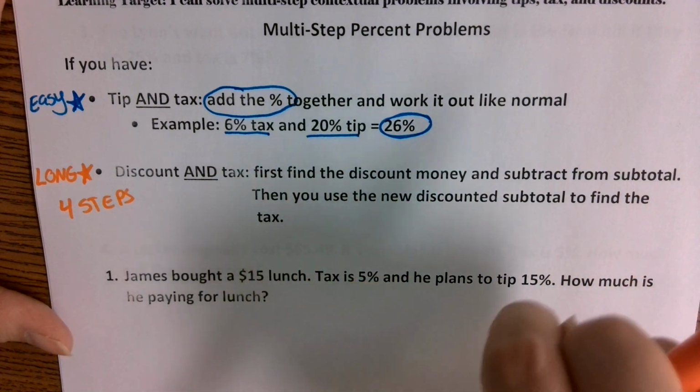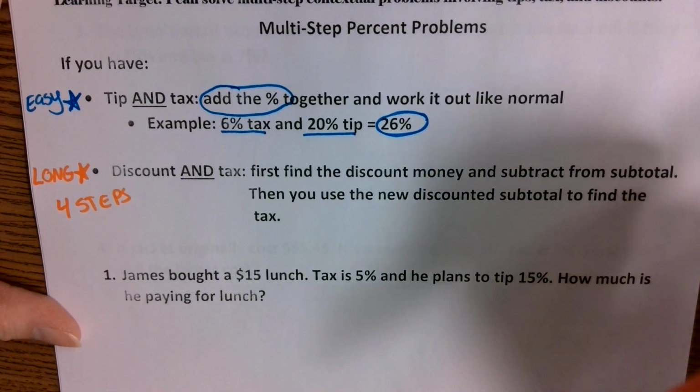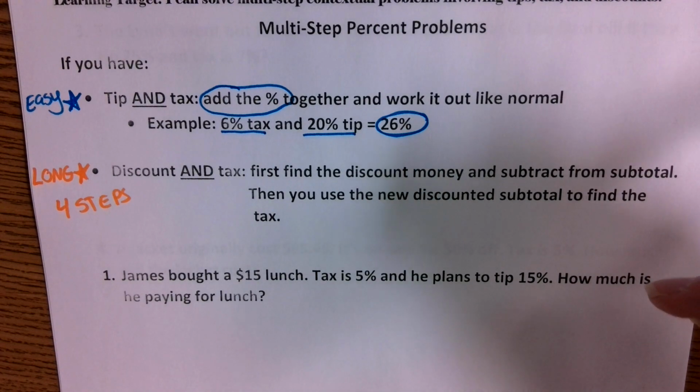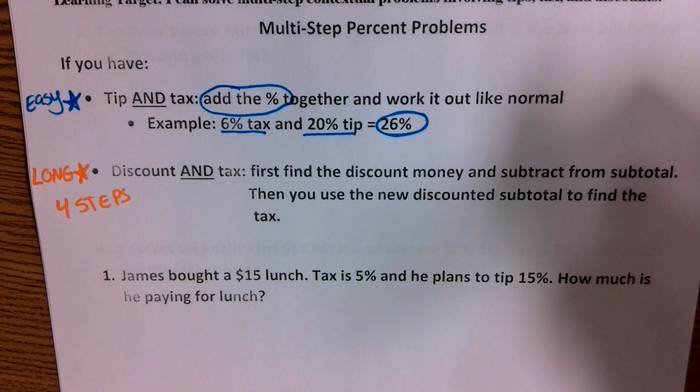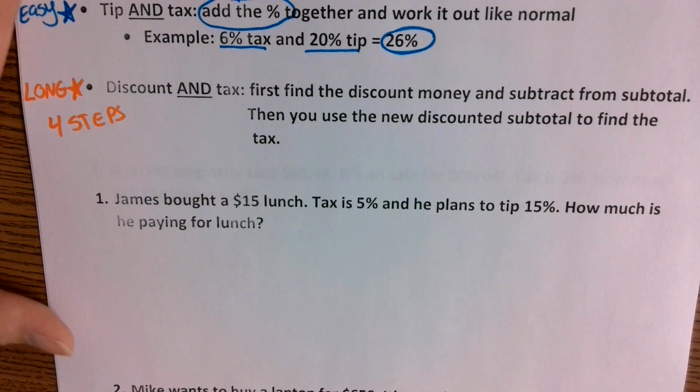It creates a new total. Step 3, you got to convert your tax percent to tax money using your new total. Step 4, you add new total and tax. It's 4 steps, but it's the same process the whole time. Okay? So make sure you are following along with these.